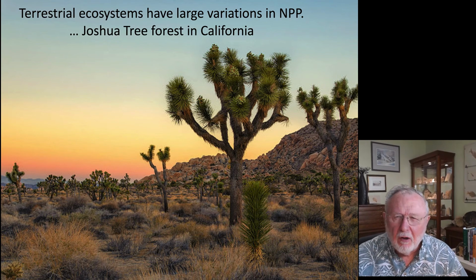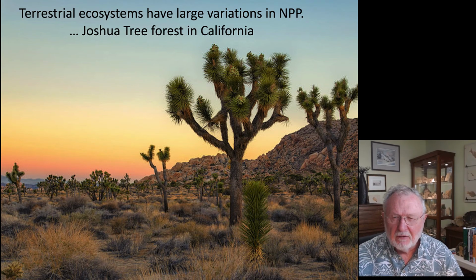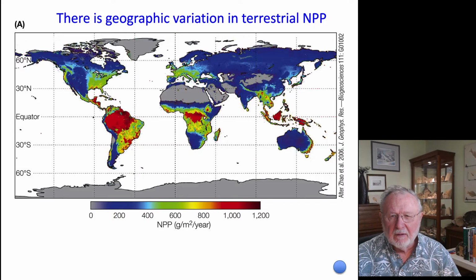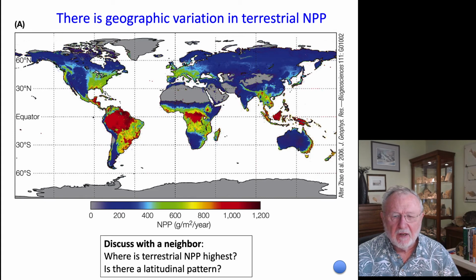So not all land surfaces have the same rate of primary productivity. Here's a map showing variation in terrestrial plant productivity. The discussion we're going to have now, or you will have had with your neighbor, is where is productivity the highest, and is there a latitudinal pattern?